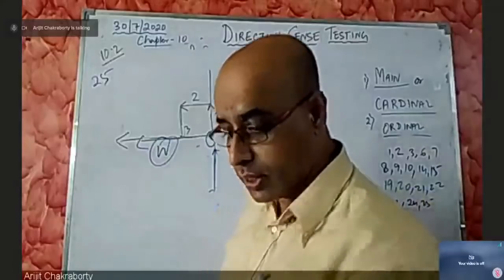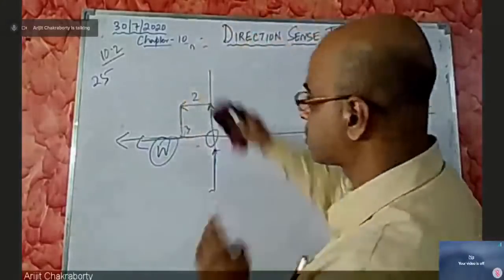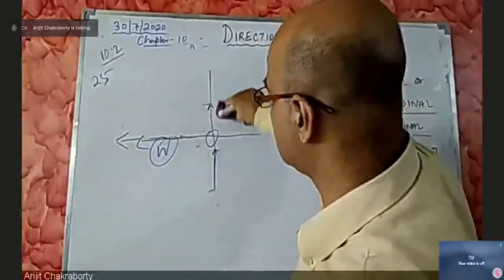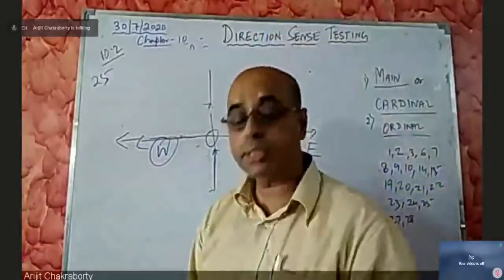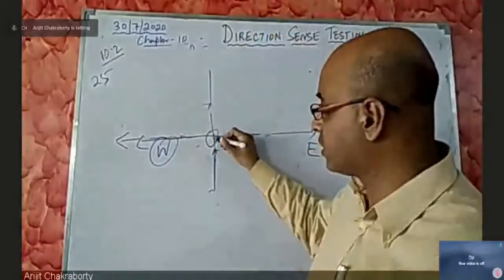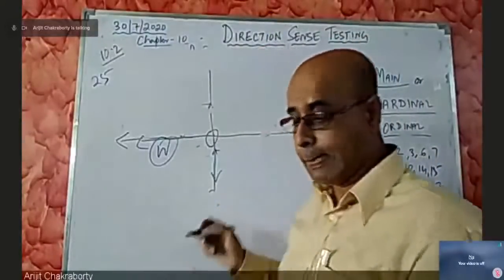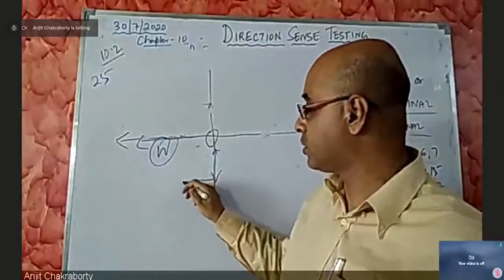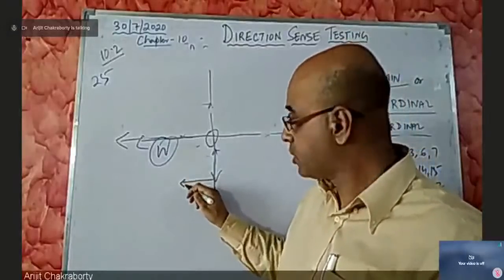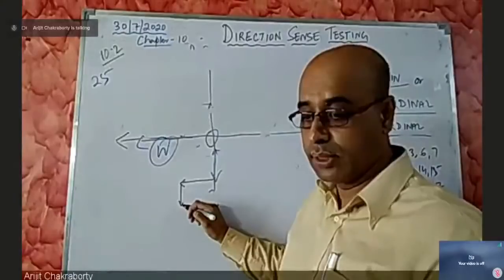A is walking southwards. Okay, A is walking south, down south. Then turns towards the right. Then left. So at this stage, then left. And then right.